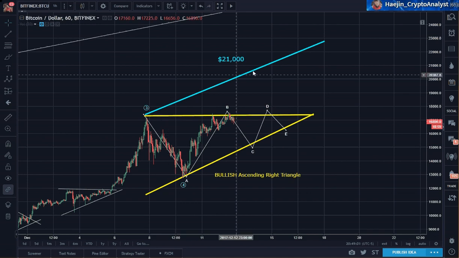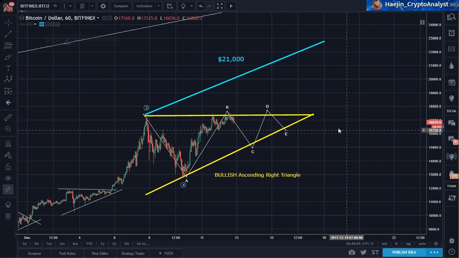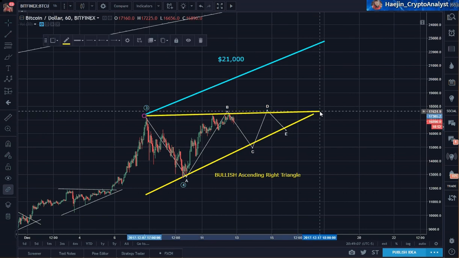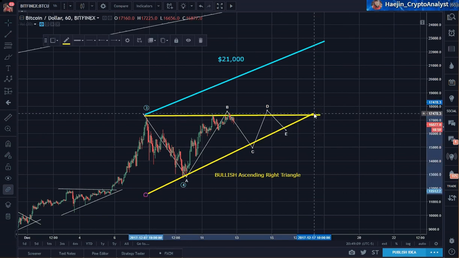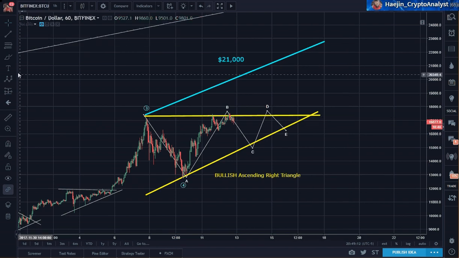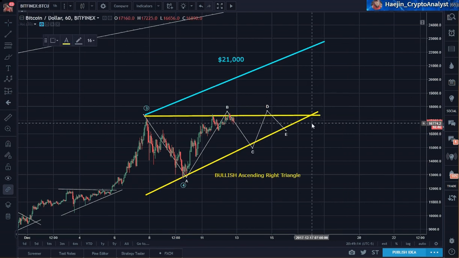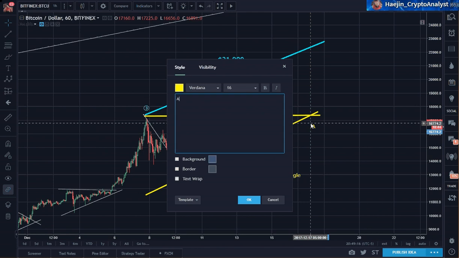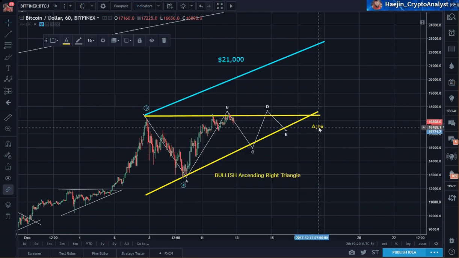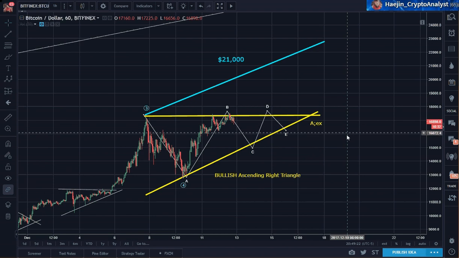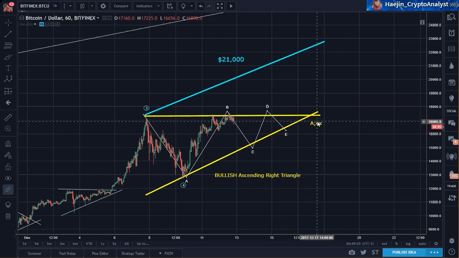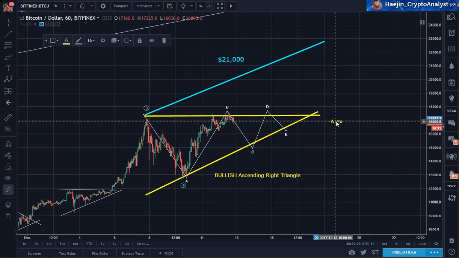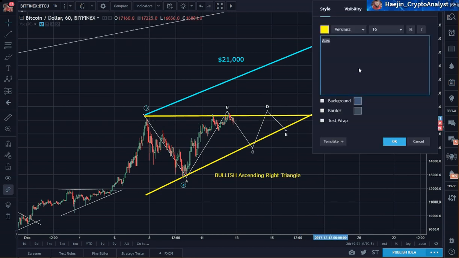So I draw a line that is parallel to the rising line, and the point where the two lines intersect is called the apex. Right there, I write apex.